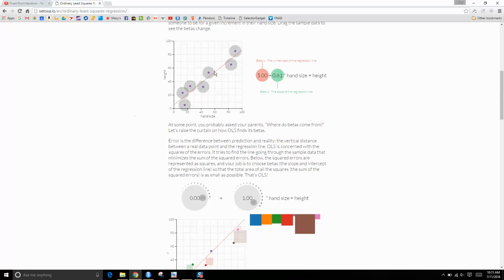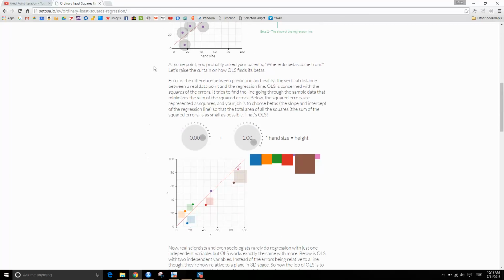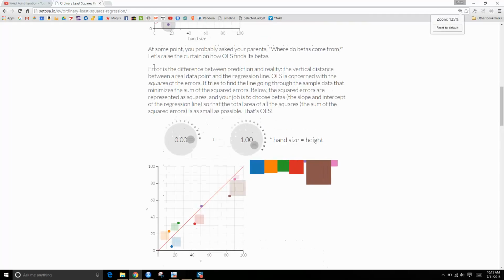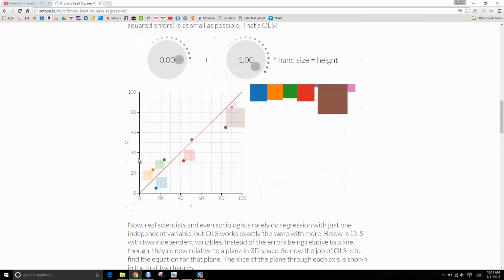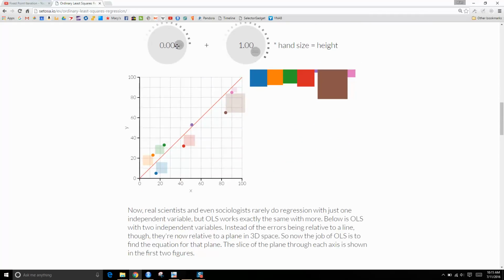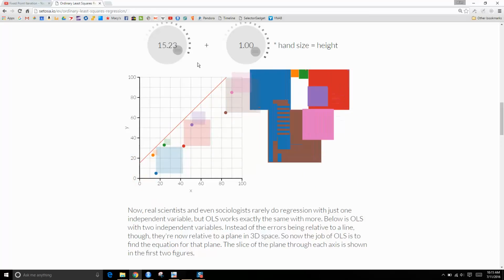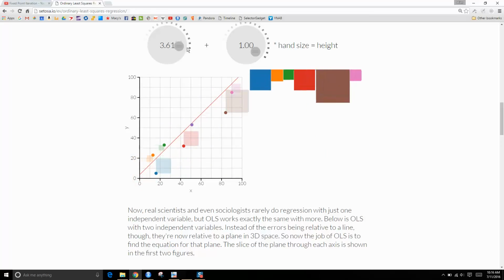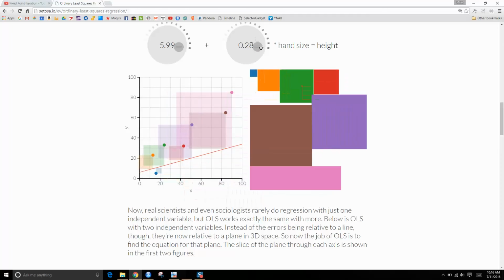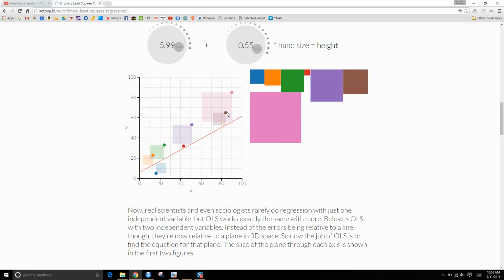Okay, so if we've got these data points, what we're trying to do is change where the regression line is, and we can see the vertical distance between the line and the dot.